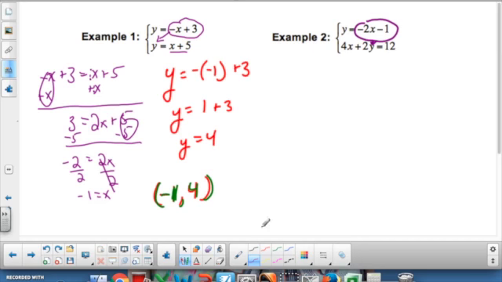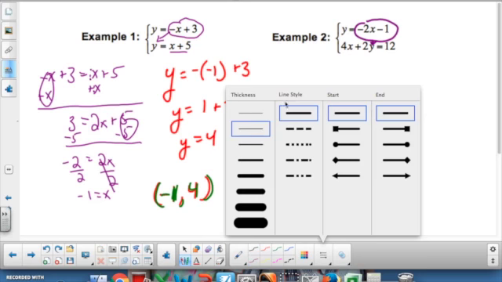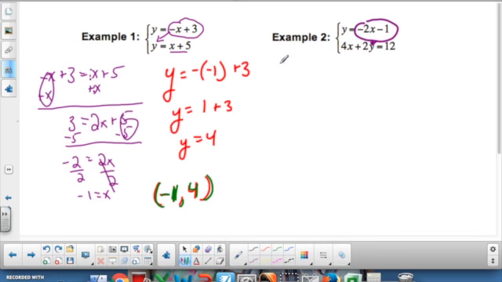So I'm going to rewrite this equation, but instead of putting y, I'm going to put negative 2x minus 1 because I know that y is equal to negative 2x minus 1. And the substitution property of equality says that if I know what something equals, I can substitute it anywhere I want. So now I'm going to solve this equation.